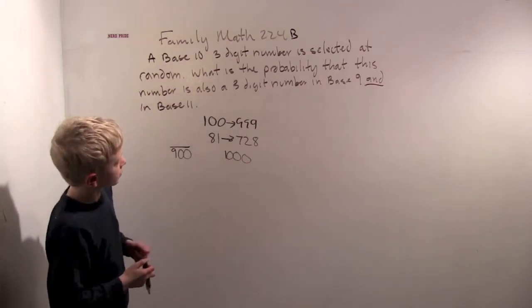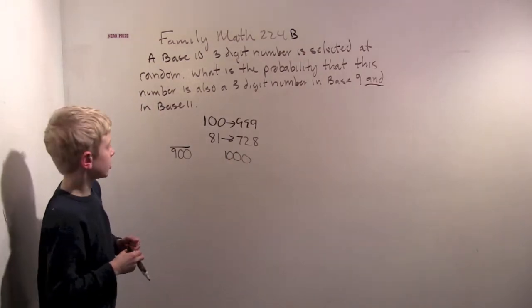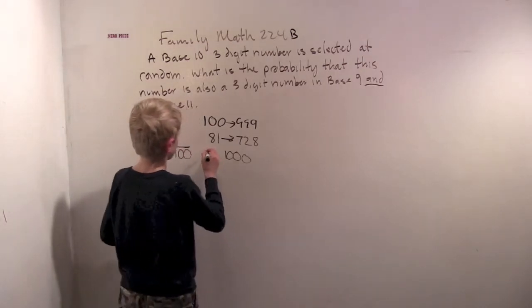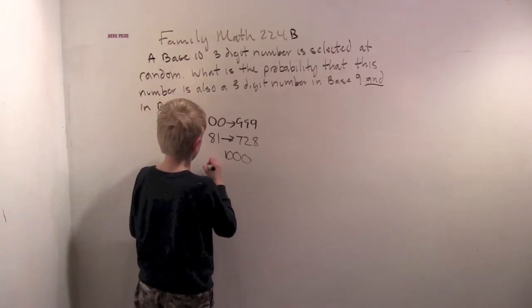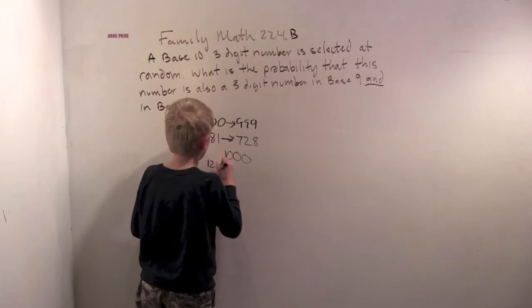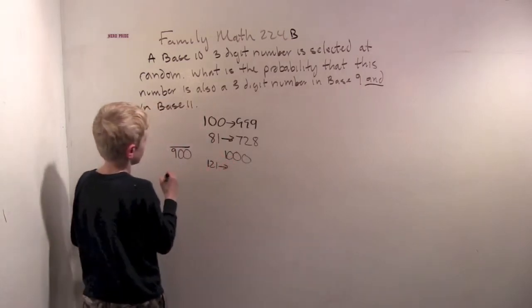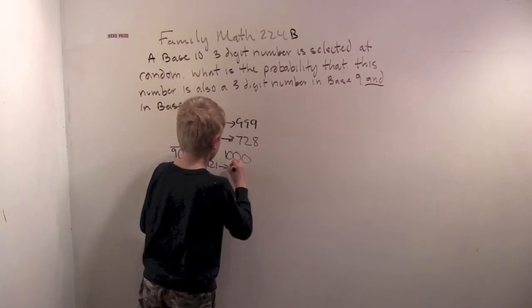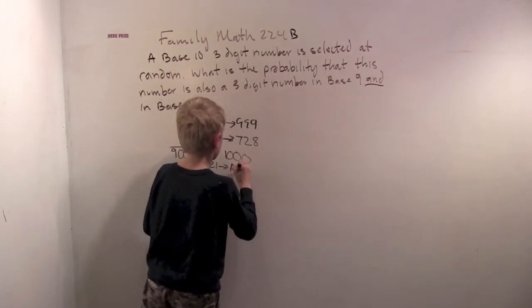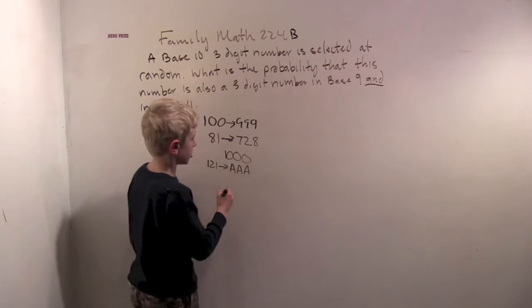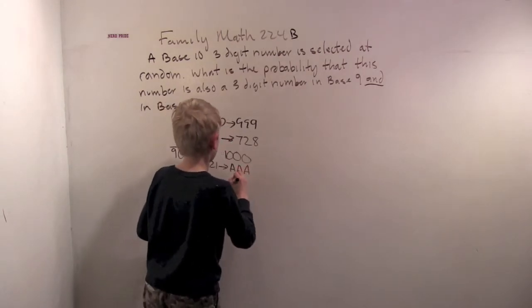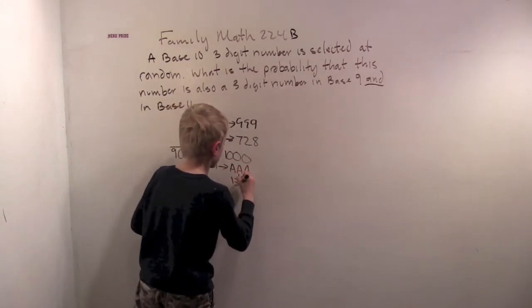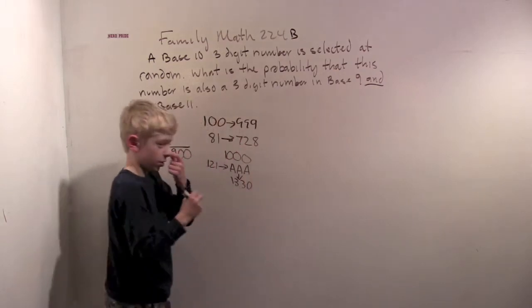Good idea. All right. And then the base 11 three-digit integers go from 121, and then subtract 1 away from 1331, which in base 10 is 1330.